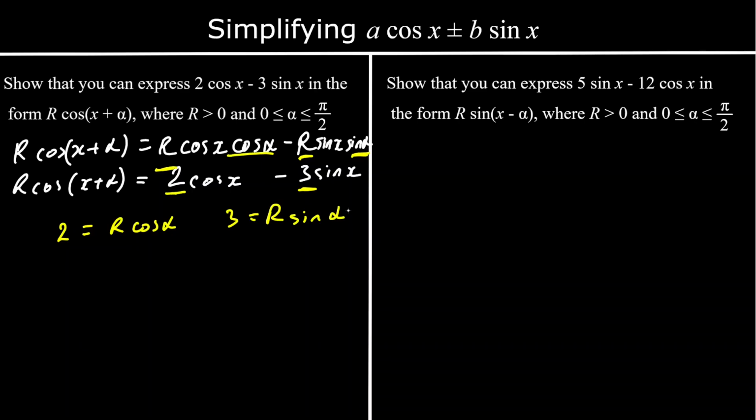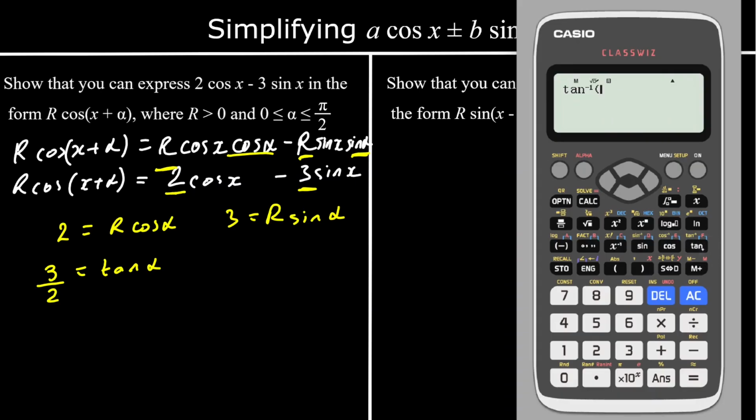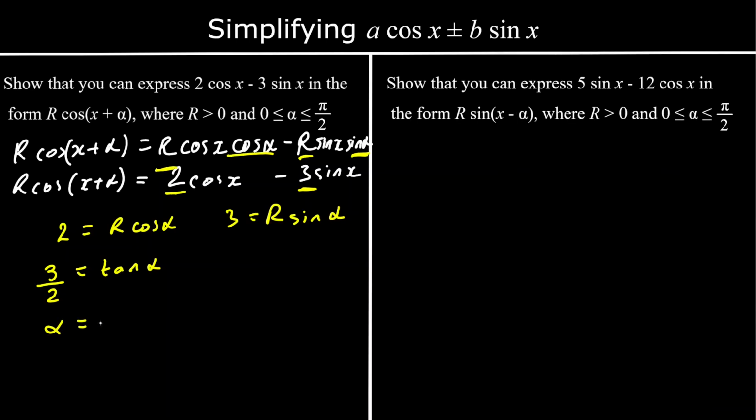To find alpha, we do the sine over the cos. So 3 over 2 is tan alpha. So shift tan 3 over 2, 0.983. And to find r, we use Pythagoras.